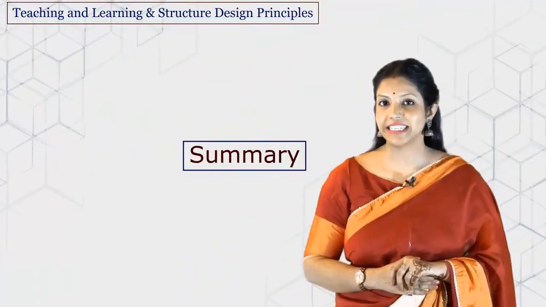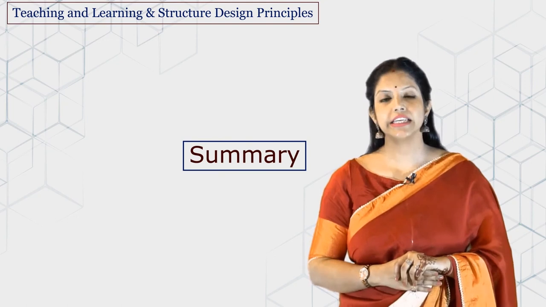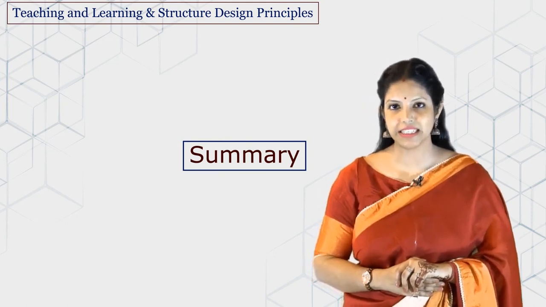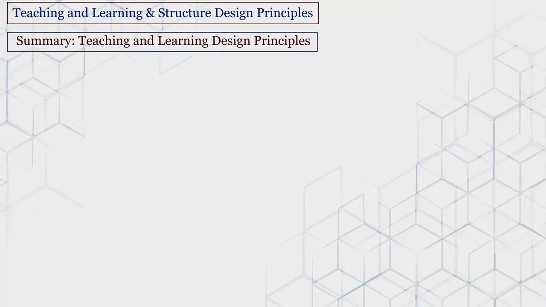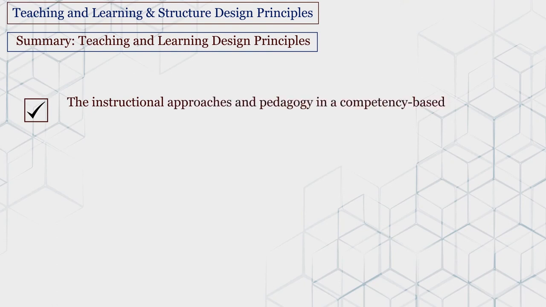Let us summarize the teaching and learning design and the structure design principles that we covered in this topic. The teaching and learning design principles state that the instructional approaches and pedagogy in a competency-based education system are grounded in learning sciences.